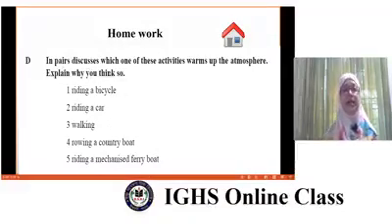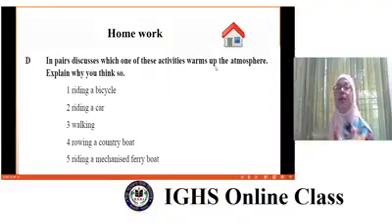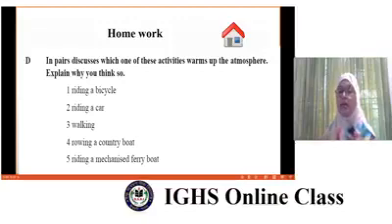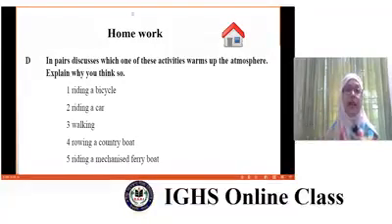In pairs discuss which one of these activities warms up the atmosphere. আমাদের এই অ্যাটমসফিয়ারকে কোন অ্যাক্টিভিটিটা ওয়ার্মস আপ করছে, তার মানে উত্তপ্ত করছে। আমরা এই শব্দটা এর আগে বেশ কয়েকবার পড়েছি, একটা ফ্রেজাল ভার্ব, warms up, heats up, right? Heat up, warm up, this is the actual phrasal verb.